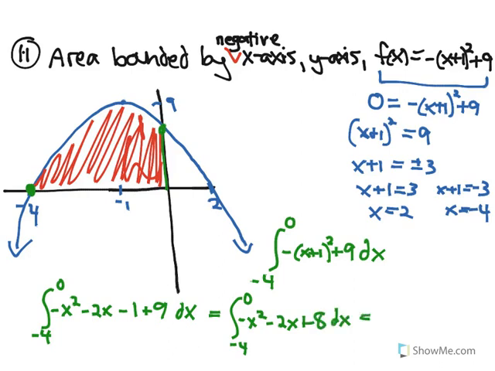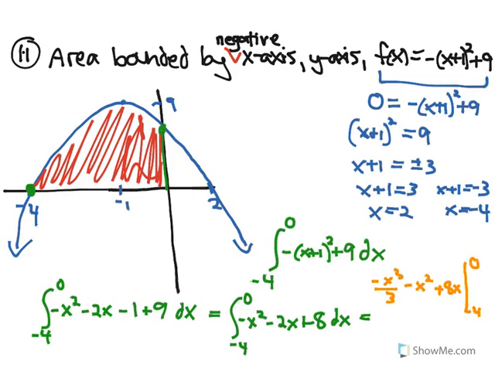Now it's time to actually find the antiderivative of each and then solve. Negative x squared must have come from negative x cubed over 3. Negative 2x must have come from negative x squared. 8 must have come from 8x. This is a definite integral, so no need for the plus c. We're going to evaluate from negative 4 to 0.